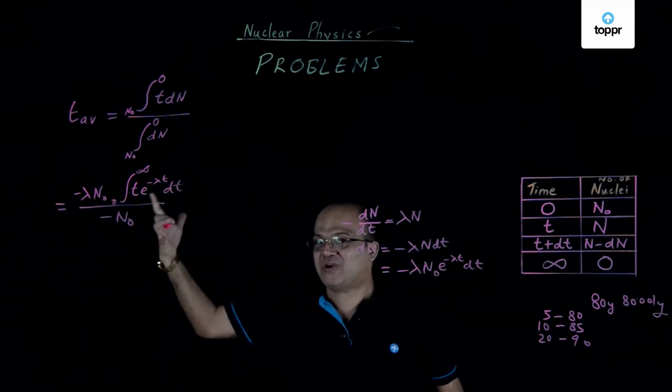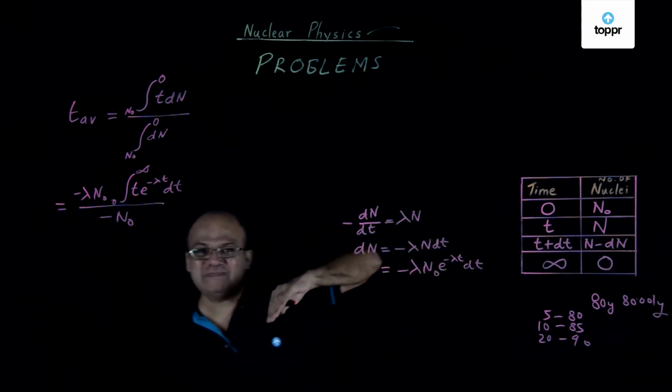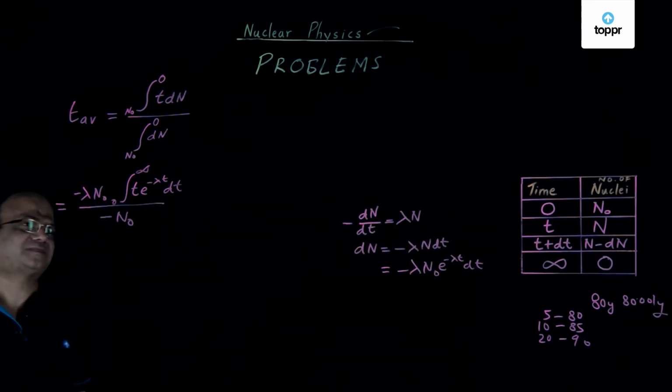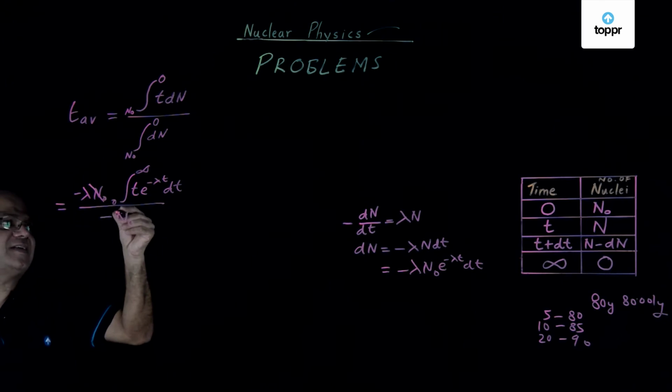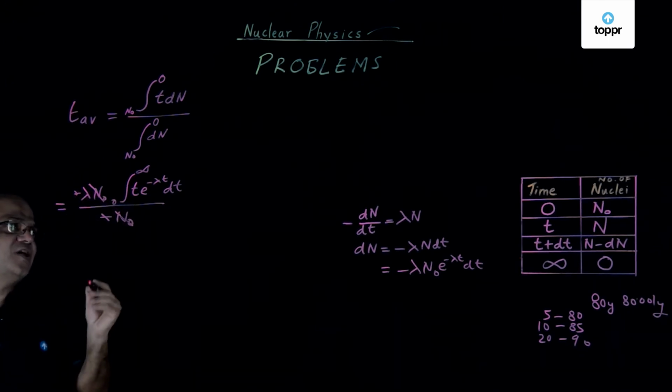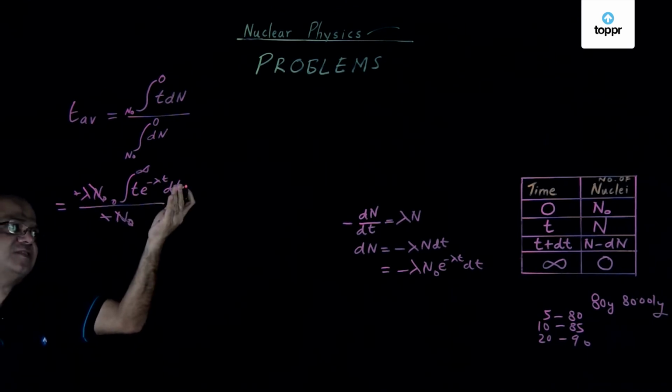Number changes from n naught to 0. This n naught gets killed. Minus sign also goes. So we are left with lambda and this integration.